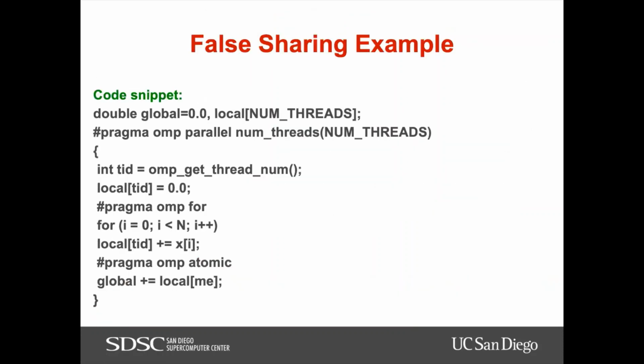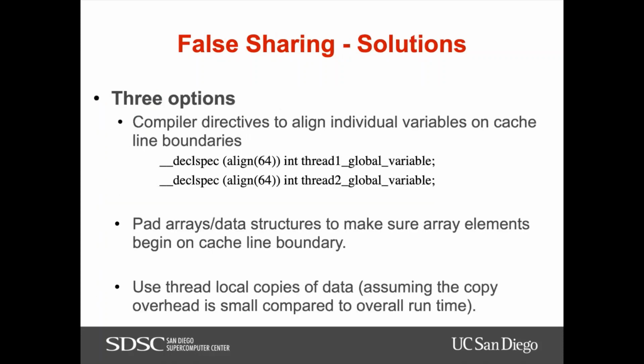And it's quite easy to do, because if you have an array and you're updating it, and it's being split up among multiple threads, you could end up with parts of it on the same cache line, and you end up with false sharing.